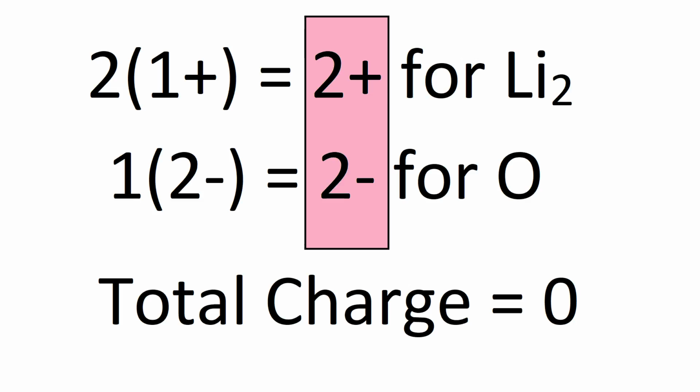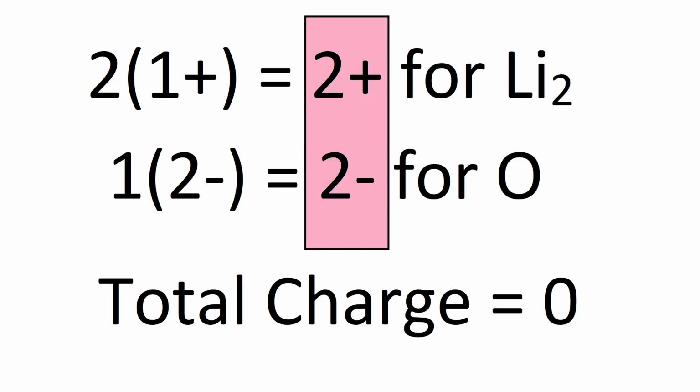Okay, why do you do this charge crisscross thing? First off, when you do it, you end up with lithium. You need 2 lithium atoms instead of 1, and when you get 2 times the amount of charge, so it's 2 times a positive 1 charge, it equals positive 2 charge.